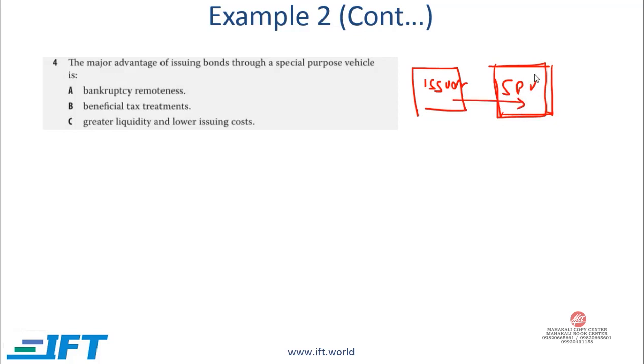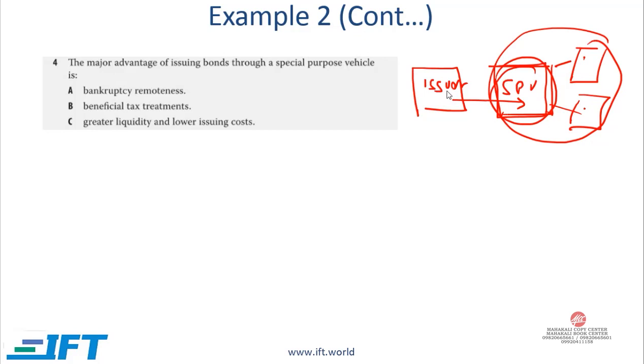The collateral then is legally transferred to the SPV. The SPV issues the securities. So the legal entity issuing the securities is the SPV. Now, if the issuer or sponsor defaults, the bondholders cannot come and claim the assets of the issuer. The big advantage of this exercise is bankruptcy remoteness.